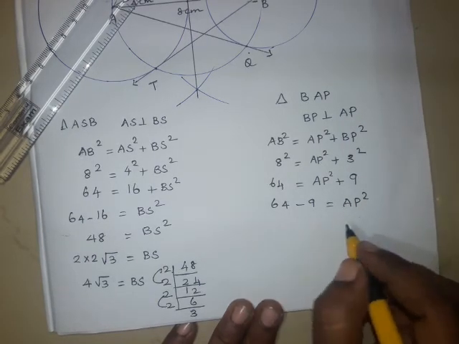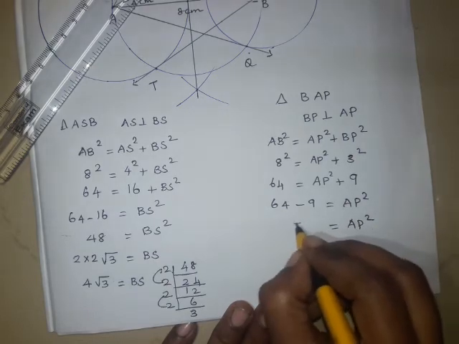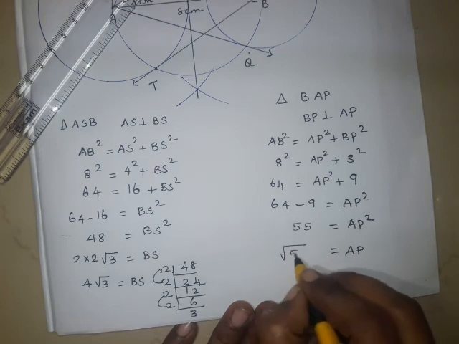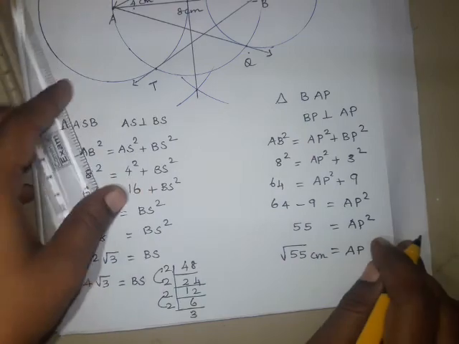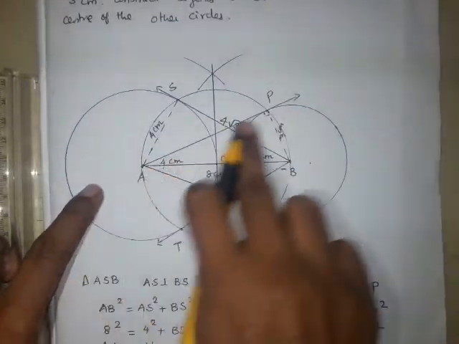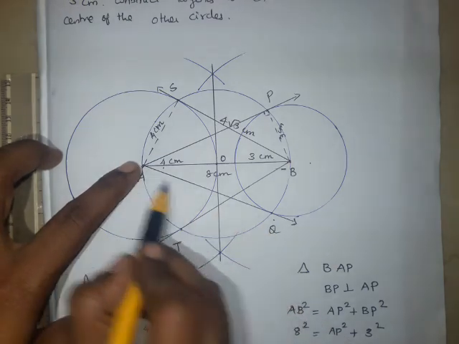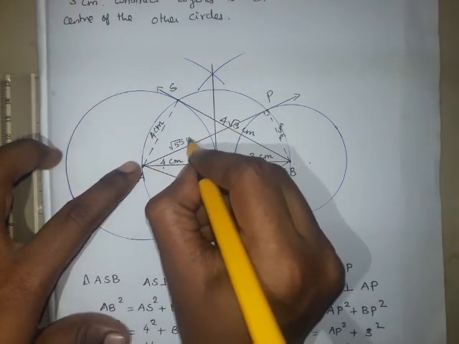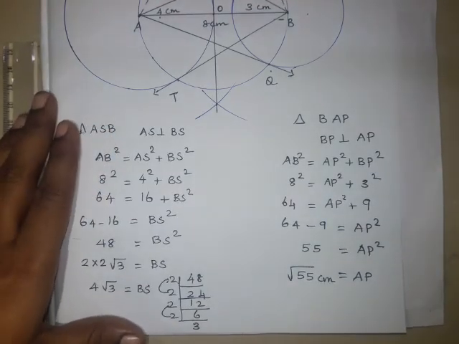You can rearrange, we need AP squared value only. Now AP squared equals 55. So AP, we can't take square root exactly, so root 55 centimeter. So this tangent length AP is root 55 centimeter. So AQ is also root 55 centimeter. Thank you.